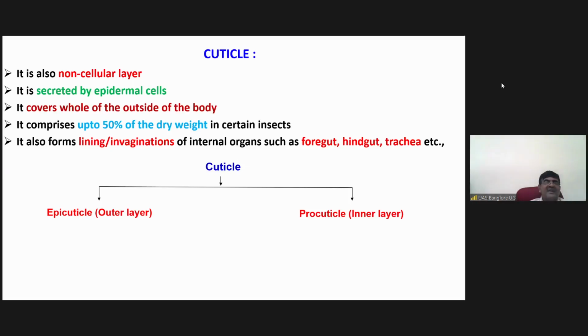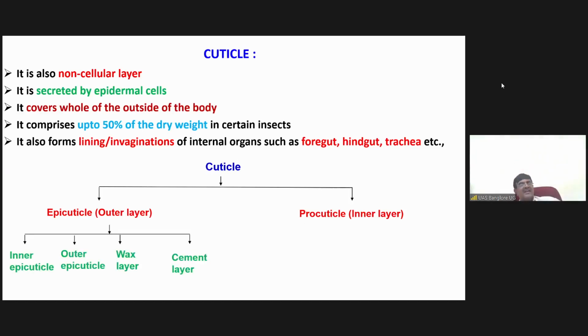You can classify the cuticle into two layers. The outermost layer is called epicuticle, and the innermost layer of the cuticle is called procuticle.